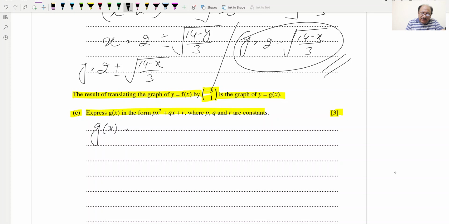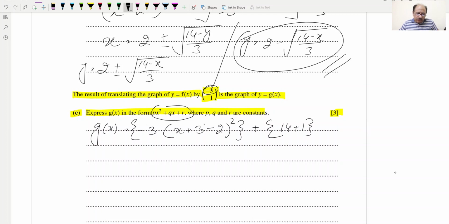we can replace x by x plus 3 in this equation, because the translation is minus 3. So it will be minus 3 into (x plus 3 minus 2) whole squared, and this one we can put in brackets, plus 14, plus 1.